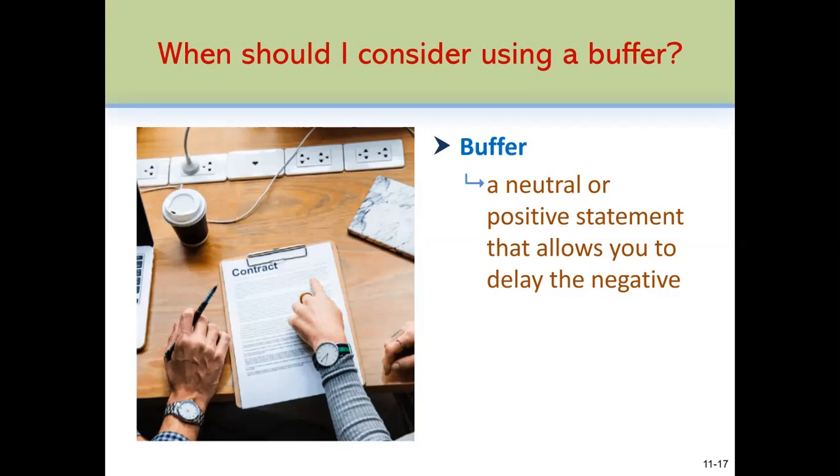Then in body part one, we give the reason, an explanation of the causes or the reasons for the bad news. Then we actually deliver the bad news, and we close with final thoughts that can create goodwill or lead to an action. So a buffer is a neutral or positive statement that we make at the start of the letter.